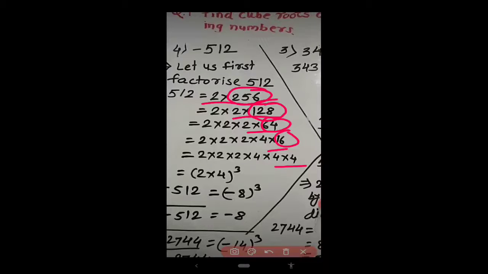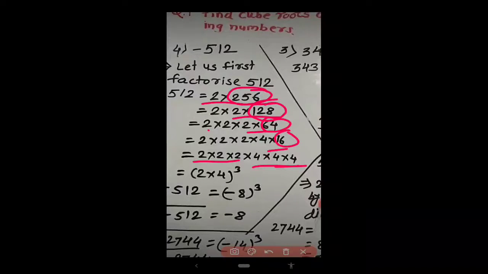In this way we factorize: 2 into 2 into 2 into 4 into 4 into 4, means 2 is 3 times and 4 is 3 times.